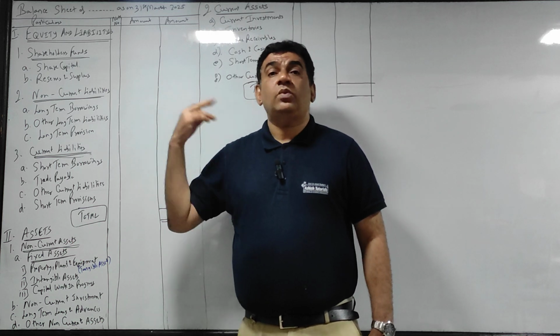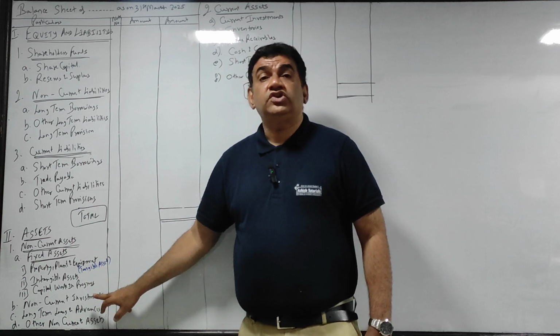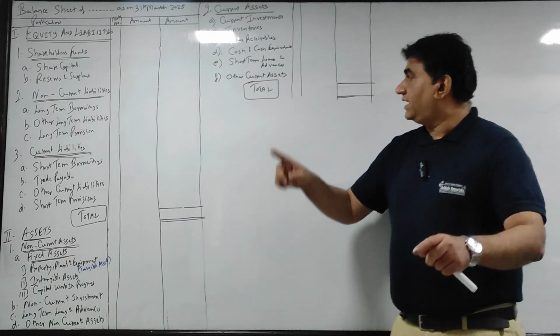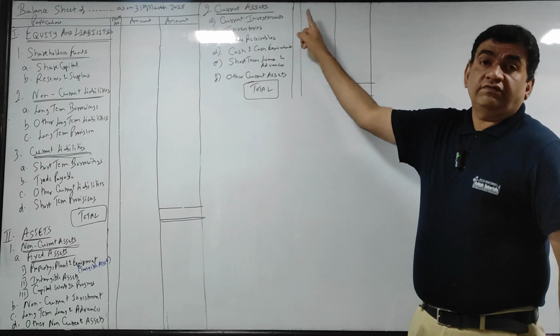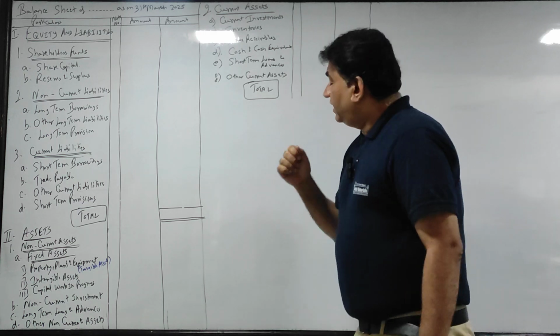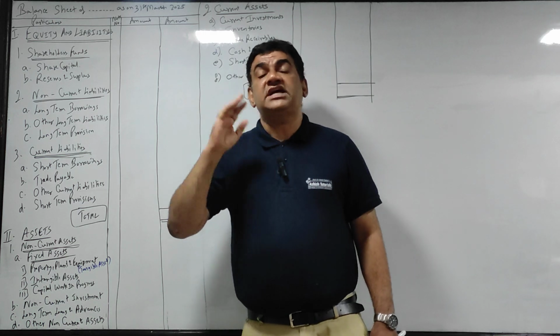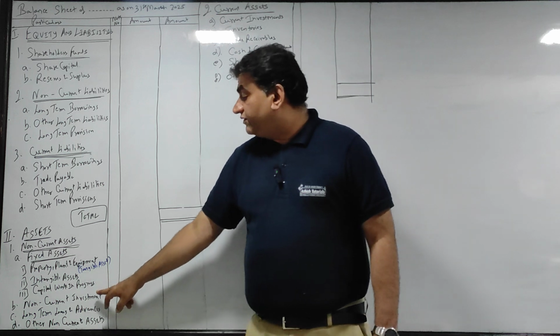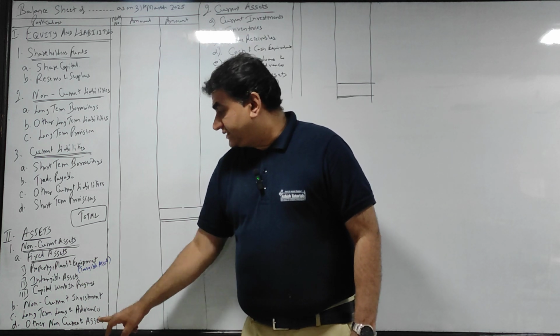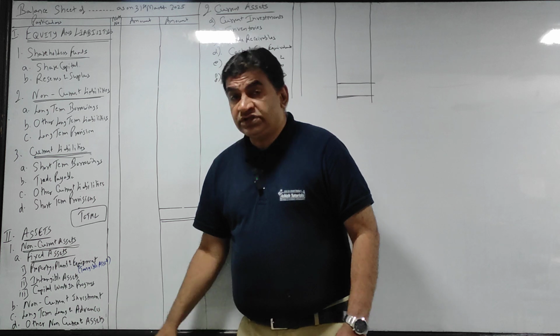Maturity period is after 1 year, then it becomes non-current investment. अगर period 1 year के नीचे है, I'll come here, then it will be a part of current investment. So wherever any investment is made, जिसका maturity period is after 1 year, then that will be a part of non-current investments.